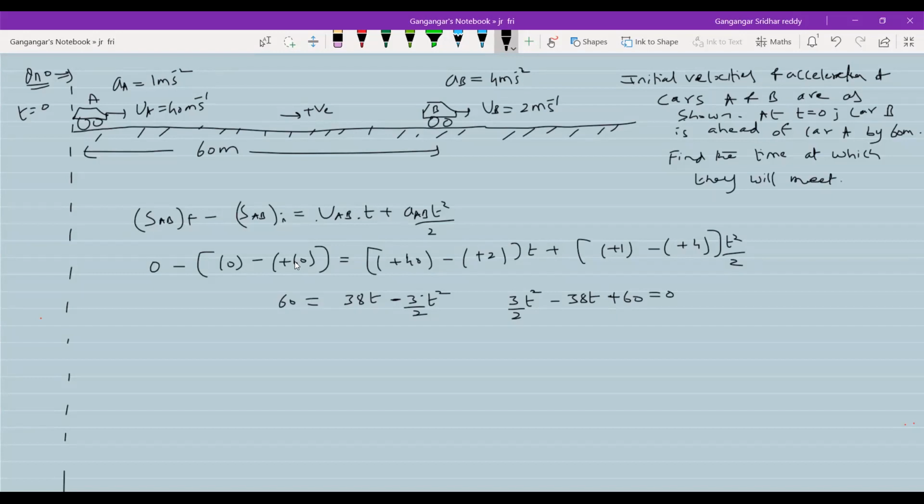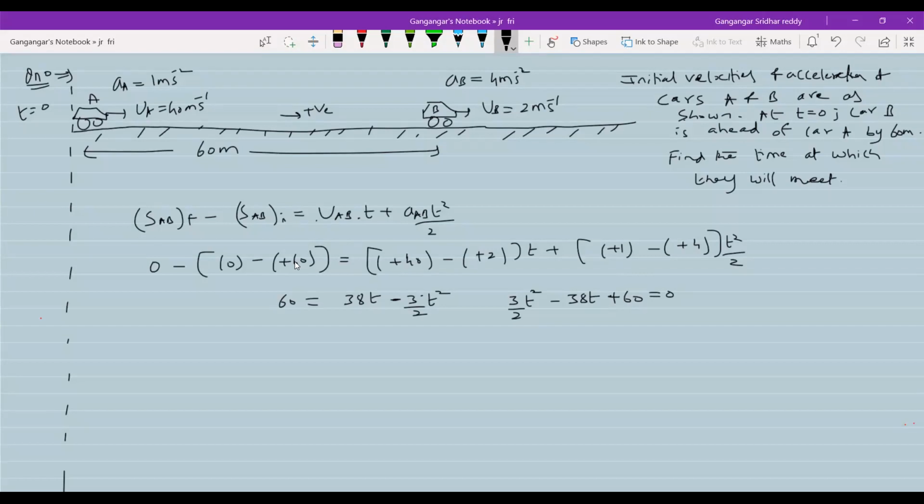Then what should you do? T equal to 1, 2, 3, 4. We don't know at what time they'll meet, so what interval of time should you pick? We don't know that. It's your luck. Suppose they meet at 10 seconds and you picked time intervals of 1 second, like 1, 2, 3, 4, after 10 or 15 calculations you may get the answer.